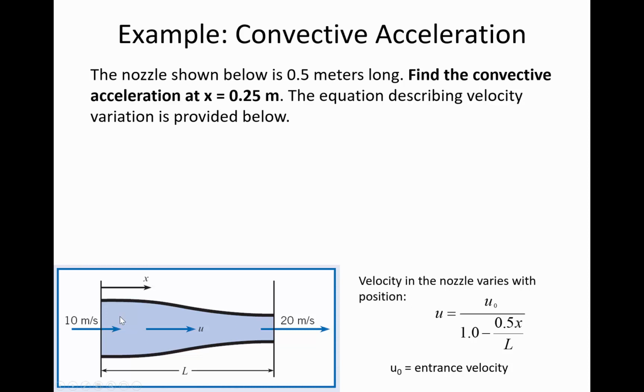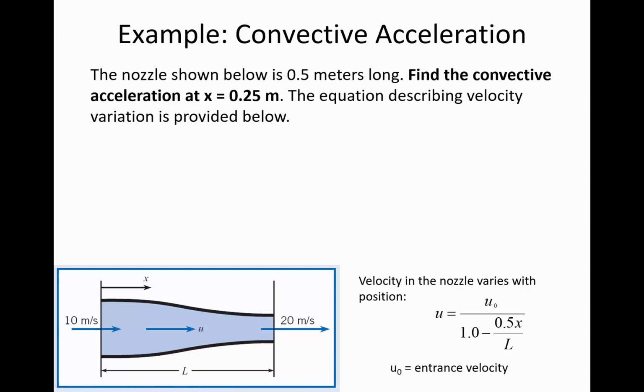Since the diameter of this nozzle is decreasing, it's forcing the same flow rate through a smaller cross-sectional area. So when 1 liter of water enters the entrance of this nozzle, that pushes 1 liter of water out through the exit of the nozzle.